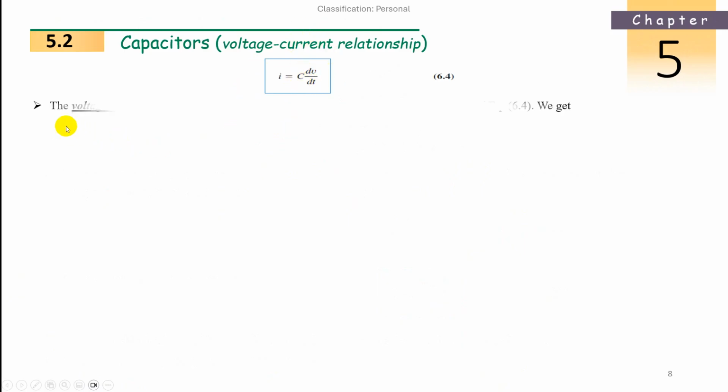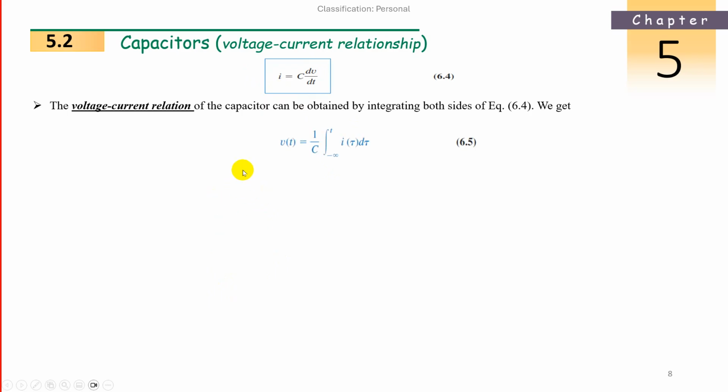Now coming to the capacitor, I = C dV/dt, we know now. Integrate both sides. If you integrate, you take the dt on this side and C dV on the right hand side. So I dt = C dV. I want it in terms of V. If you integrate dV, you get V of t.